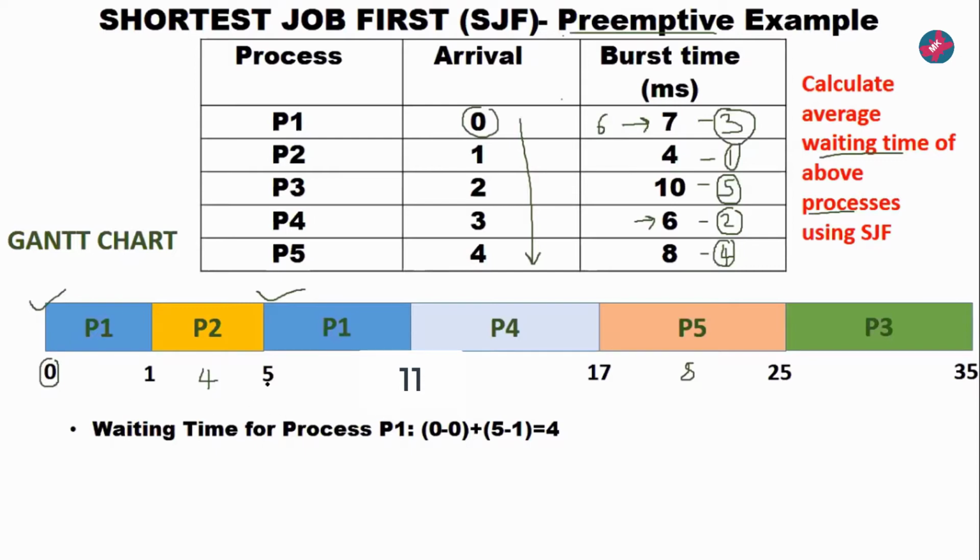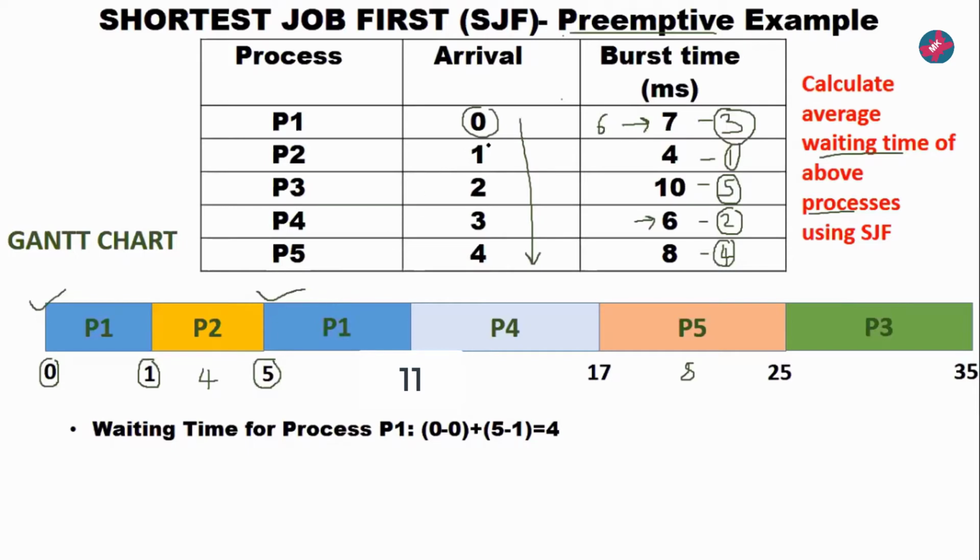The second time you observe it started execution at 5 and till that time 1 millisecond of process P1 was executed, isn't it? Hence 5 minus 1 is to be written and hence the waiting time for process P1 is 4 milliseconds, right?